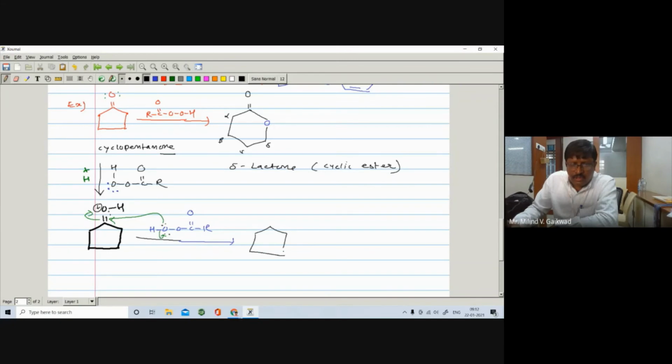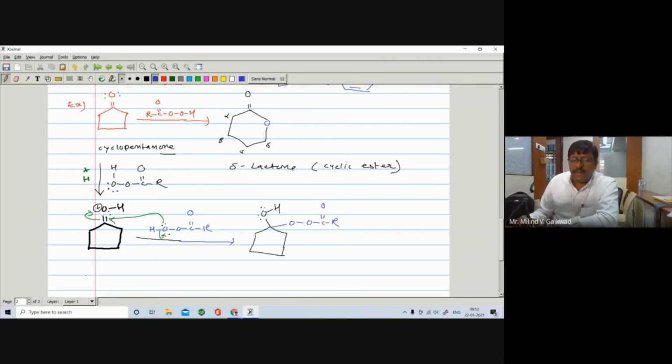Then here is the oxygen, here is the H. Why? Because there is a neutralization of the positive charge. The oxygen regains its lone pair. At the same time, the O from this peracid will attack, and you are getting such a type of compound.